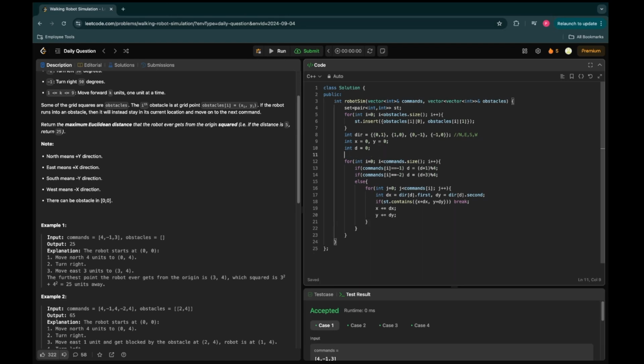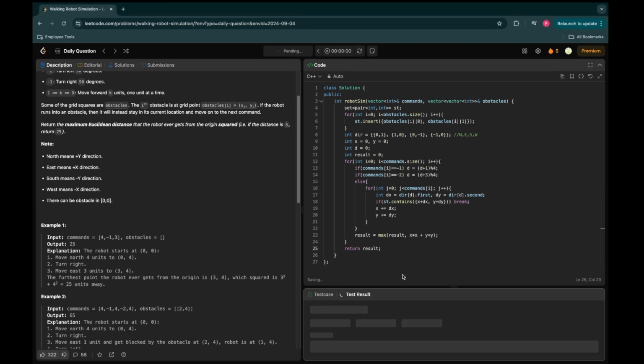Otherwise, we can increment our x and y by dx and dy, right? And also we need to initialize our result as 0, and we can take the maximum of result and x square plus y square, right? By the end of this loop we can simply return our result.